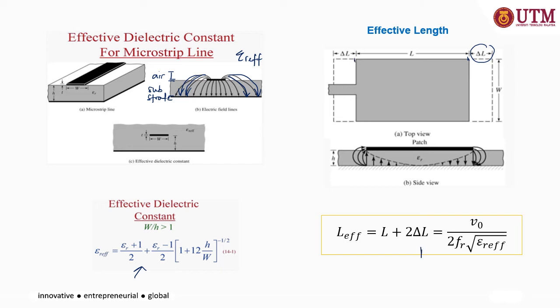From the delta L, we can determine the effective length. The effective length will be used in the resonant calculation, and we can also determine the actual length of the patch structure. And again, V0 is the velocity or the speed of light, Fr is the resonant frequency required, and epsilon reff is the effective dielectric constant.